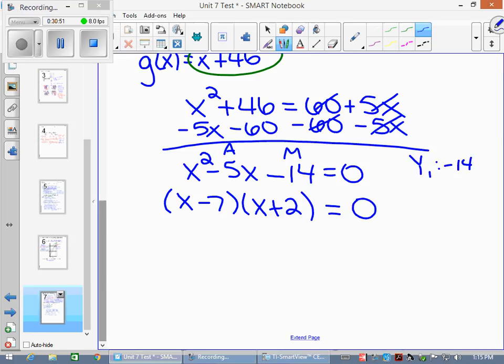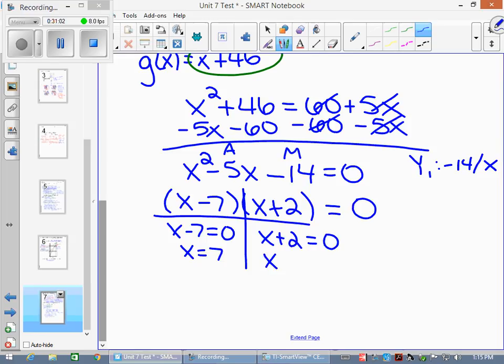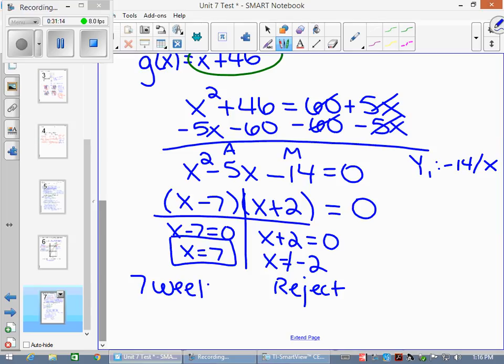The negative 2, again, x represents weeks, so I can't have negative 2 weeks, so I need to reject the negative. X equals 7, which means in 7 weeks, they will have the same amount of money. Now, this is almost full credit. This is worth 5 points out of 6, but it did ask me to explain how I arrived at my answer, not explain how many weeks it takes for them to earn the same amount of money.